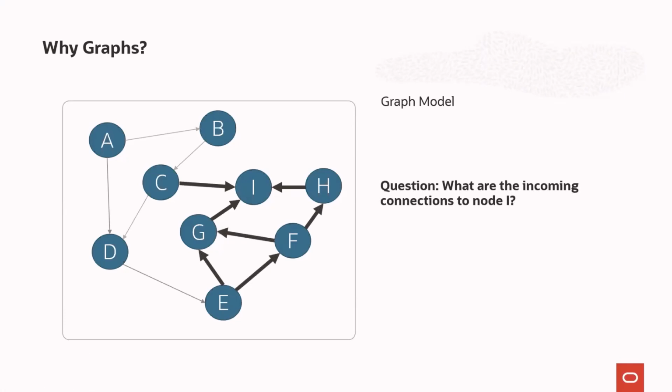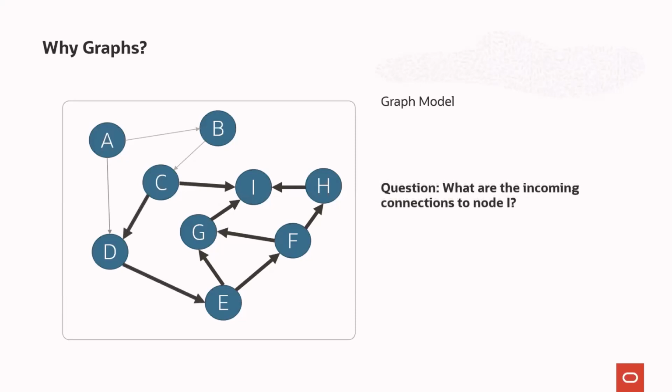So E and F also have incoming connections to I via intermediate nodes, so over multiple hops. And you can also see that E is connected to I in more than one way. We can jump from E to G to I, or jump from E to F to G to I. And so E is connected to I by either 2 or more hops.